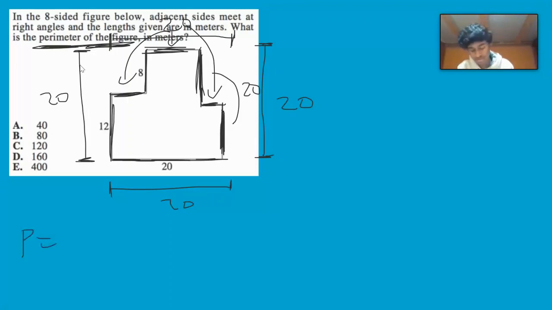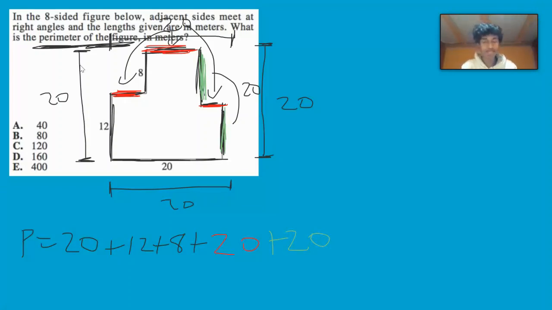Right, so now we essentially have our perimeter. Our perimeter is just our two 20s that we already had. Well, we had a 20 plus a 12 plus an 8, and now we have two different 20s. We have this red 20, and then we have this green 20.